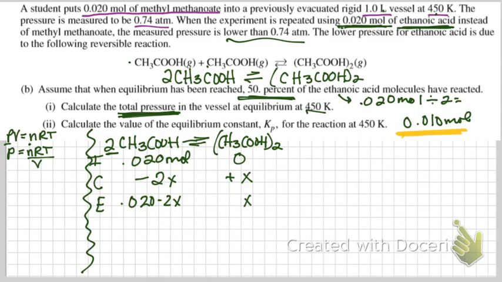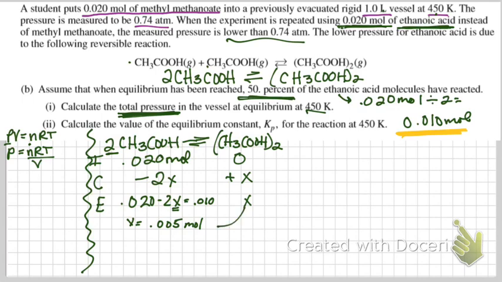That's also, taking half of 0.02, how much is left. So this is equal to 0.010. Now, can you solve for x? Absolutely. Subtract the 0.02, so you get negative 0.01. Divide by negative 2, and we now have a positive 0.005 moles. That is our x value.